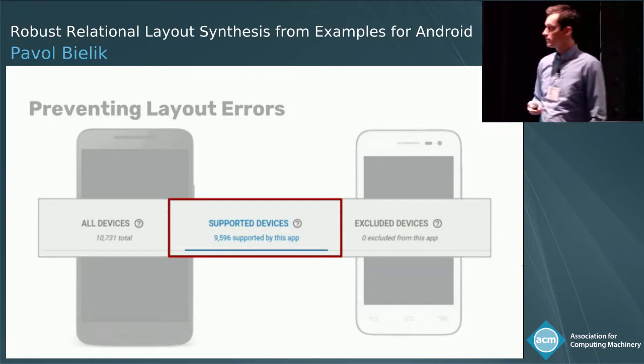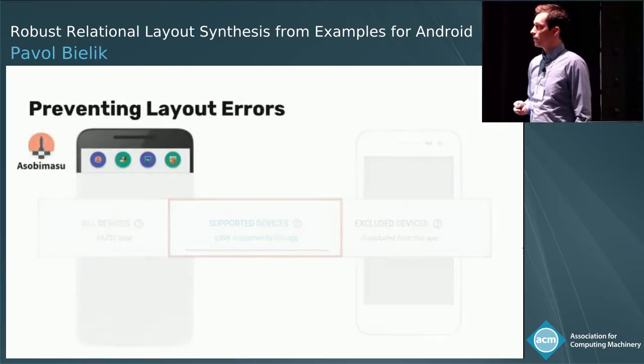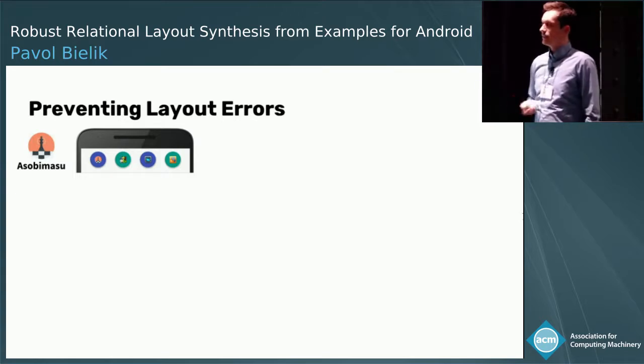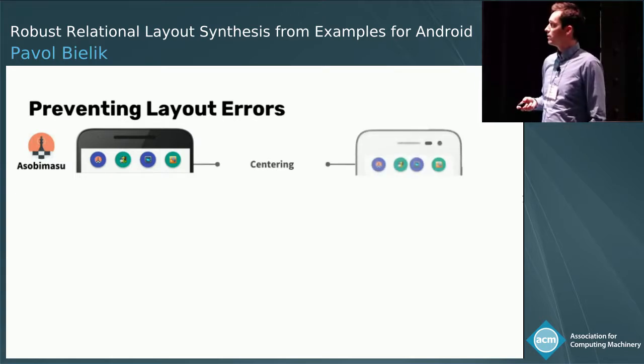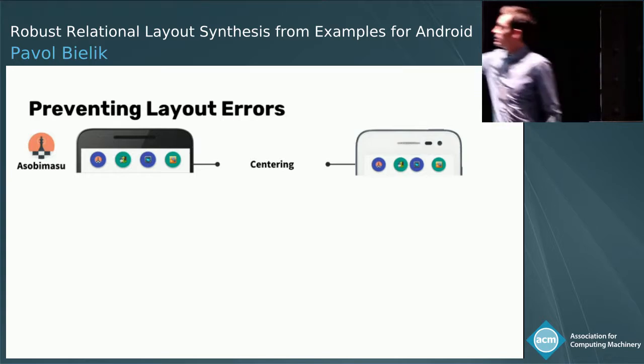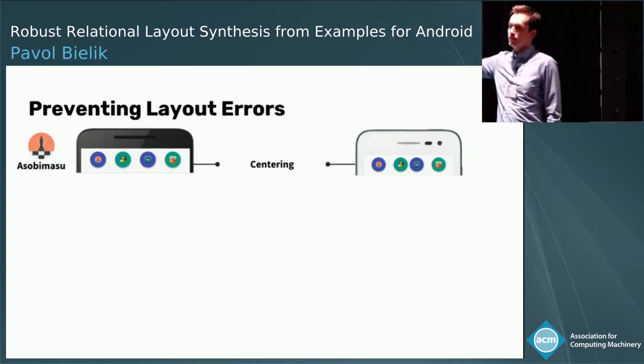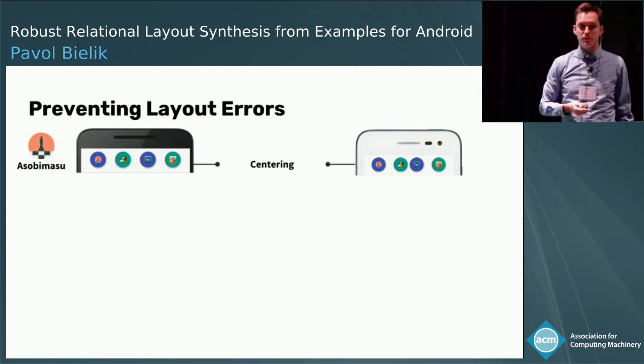And to show you concrete examples of what can go wrong, imagine this is how the designer designed the application, and if you render it on a small device, suddenly you see that these two things are clumped together. And the margins are not preserved.